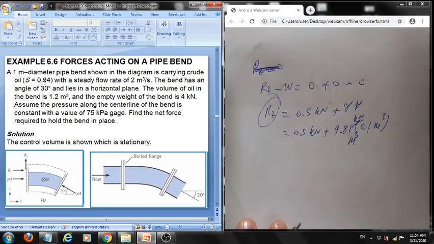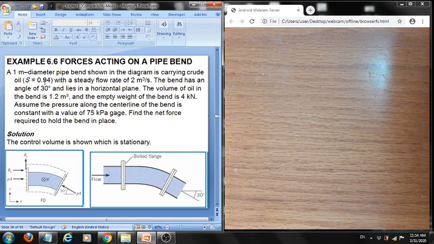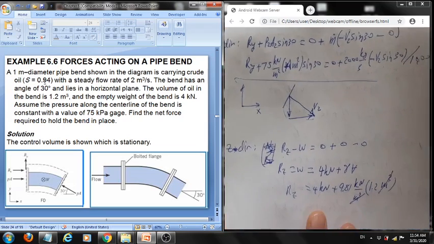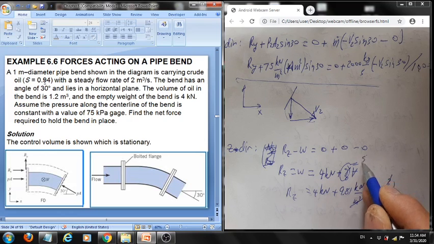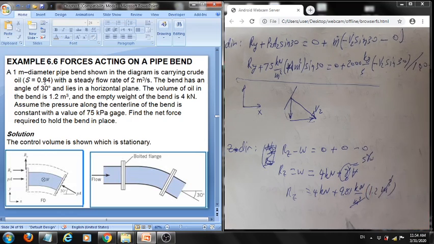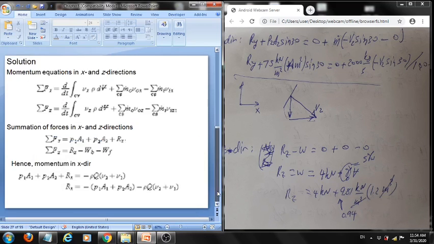So if we go back to the equation that we were solving before, we simply have to multiply the gamma of water by the specific gravity, since gamma of crude oil is equal to the specific gravity of the crude oil times gamma of water. Okay, unintentional mistake. We'll continue. This is no problem, you can handle it.